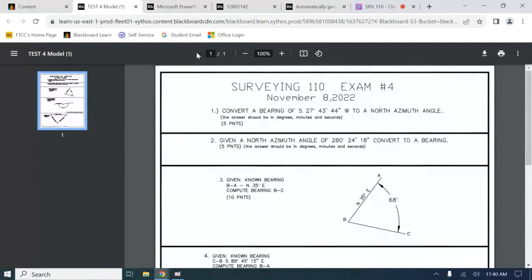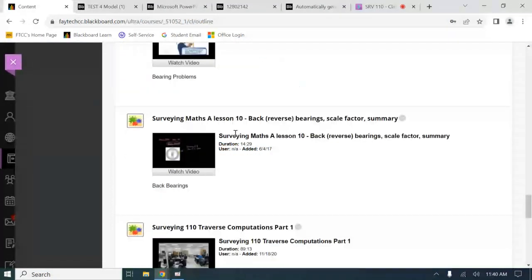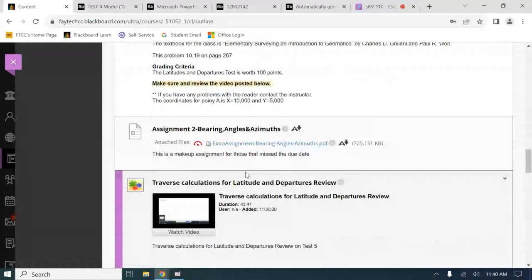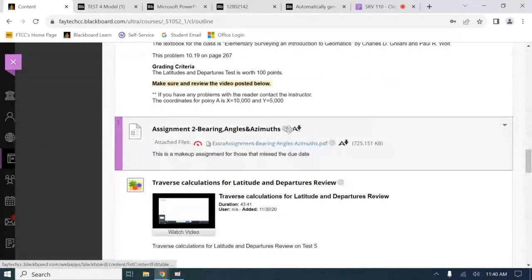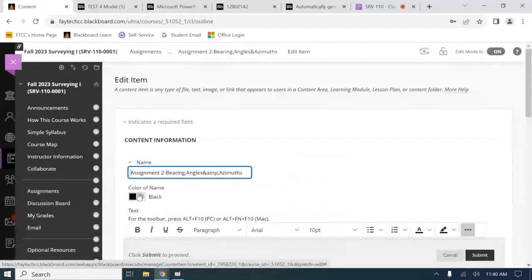Oh, okay. So it's under, this is just an extra assignment for some. Maybe I need to make sure to say, angles, azimuths, and bearings, it's not an assignment, it's just like a little practice PDF to show you how to work stuff.